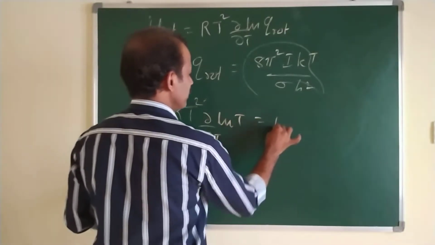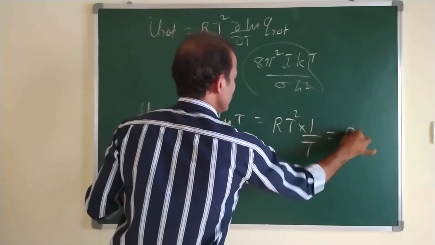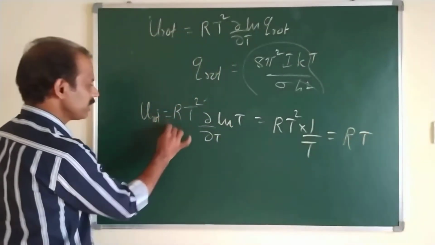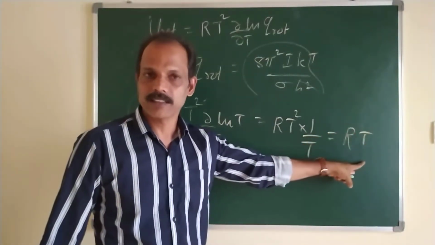It's nothing but RT square into 1 by T, which is equal to RT. So rotational internal energy is equal to RT.